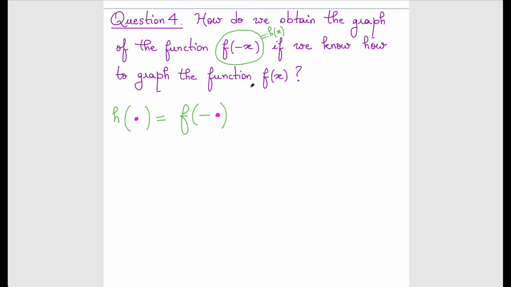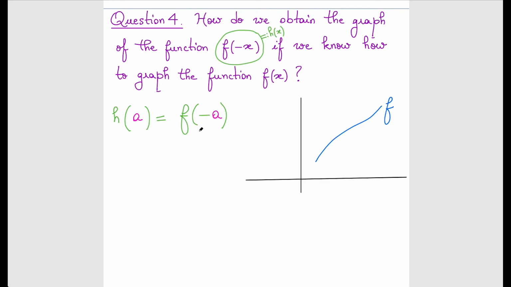Okay? Now, if we know how to graph the function f of x, let's say that's the graph of f of x. Let's give it something like this. Let's say this is f of x. And let's say we are interested in a point A. So h of A is f of negative A according to the recipe.